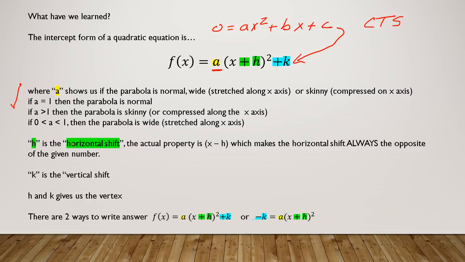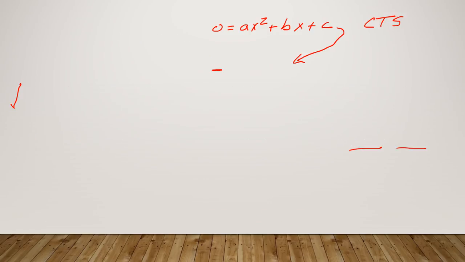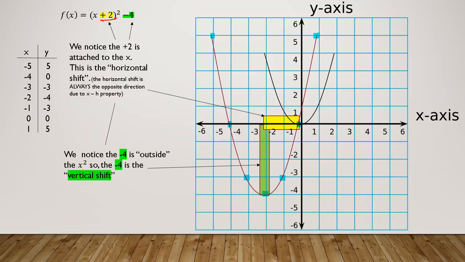h is the horizontal shift. And the biggest thing you have to remember about the horizontal shift is that since the property is x minus h, it's always going to be the opposite direction. And the k is the vertical shift. h and k both give us the vertex. If you look back here, the vertex is this point right here.